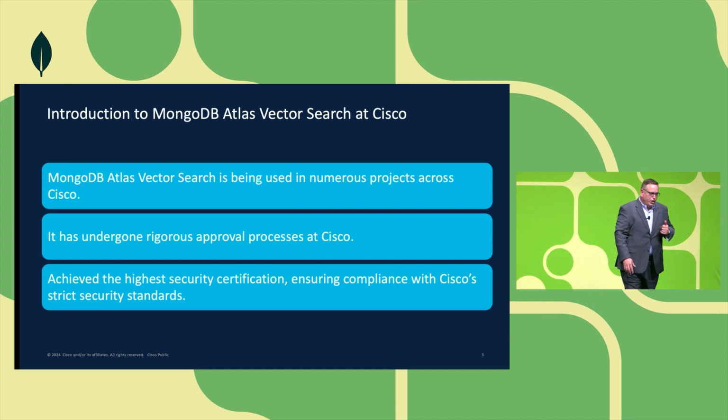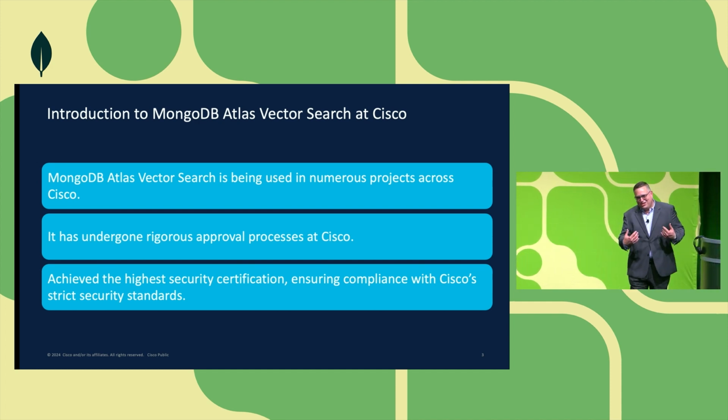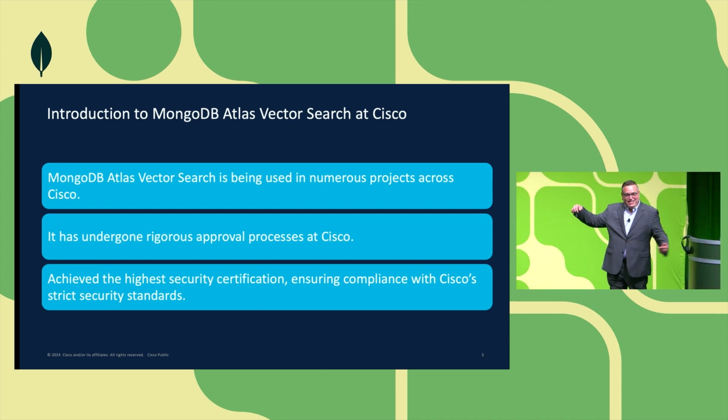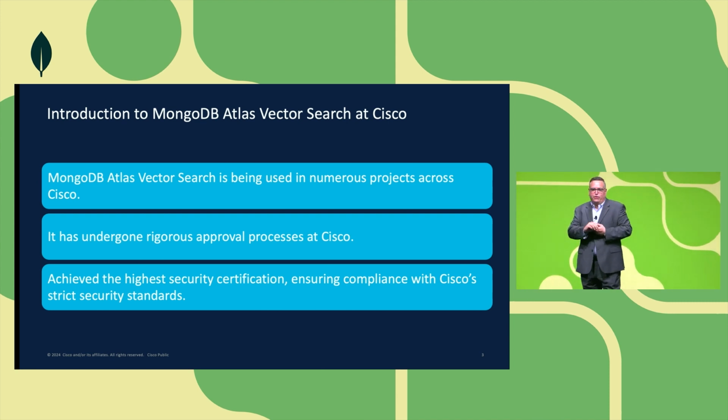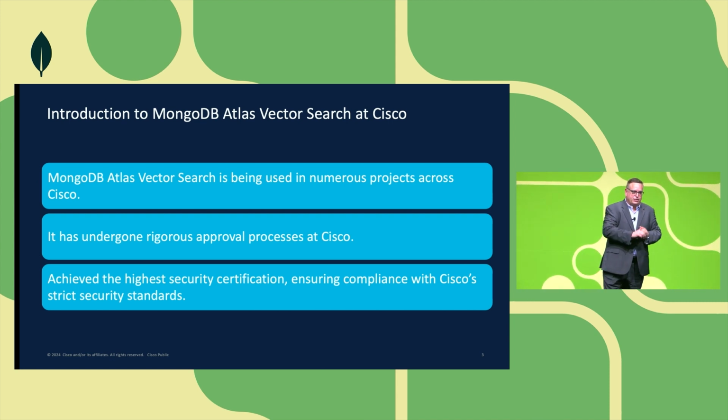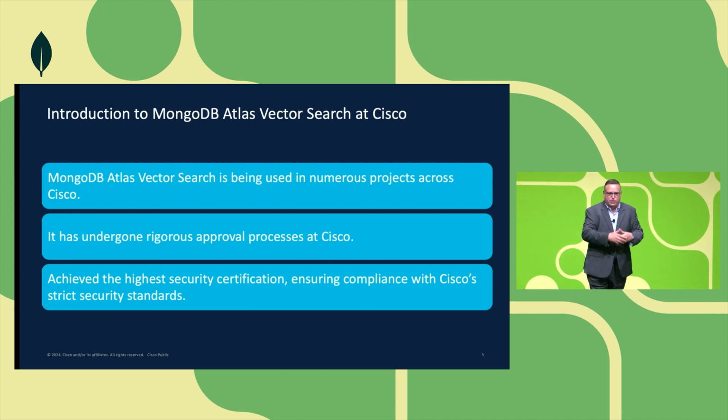Because I'm the security team, my carrot was, yes, let's do this, but let me go through the whole approval process for approving this environment for the most restricted data at Cisco, including source code and so on.